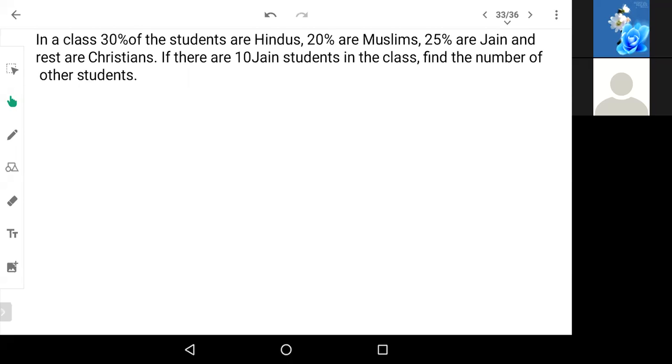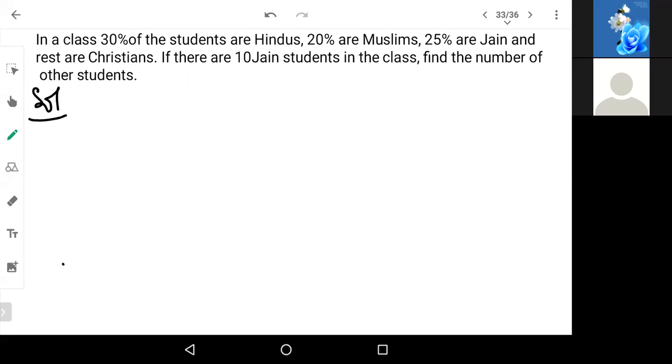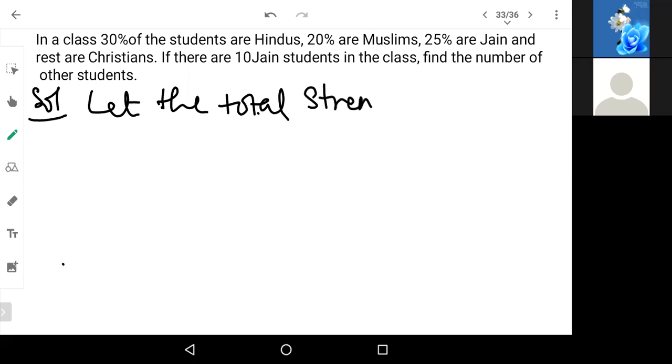Since they have given us the percentages, we will consider the total strength. So let the total strength be 100.